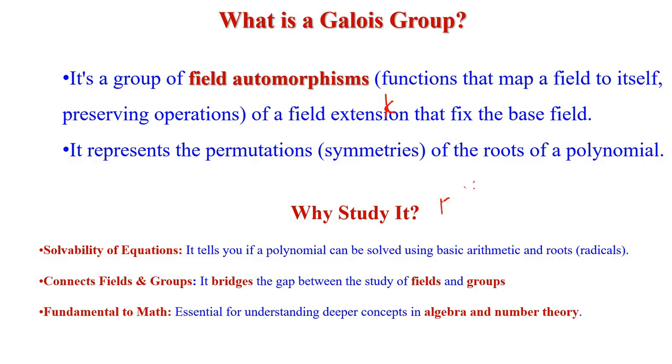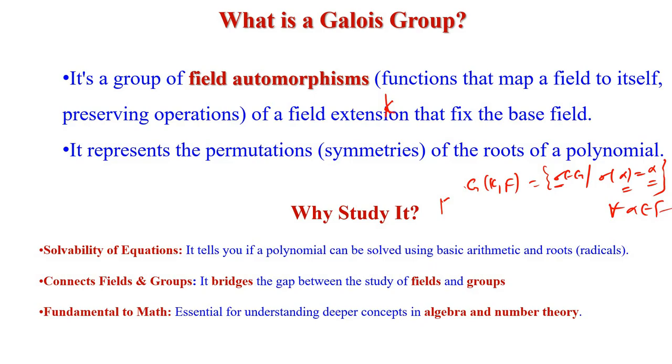Repeatedly, we are saying that G(K/F) will consist of only mappings sigma belonging to G such that sigma of alpha equals alpha, where alpha is all from F. So that is your G(K/F). Once K becomes a splitting field, automatically this group will be called the Galois group.